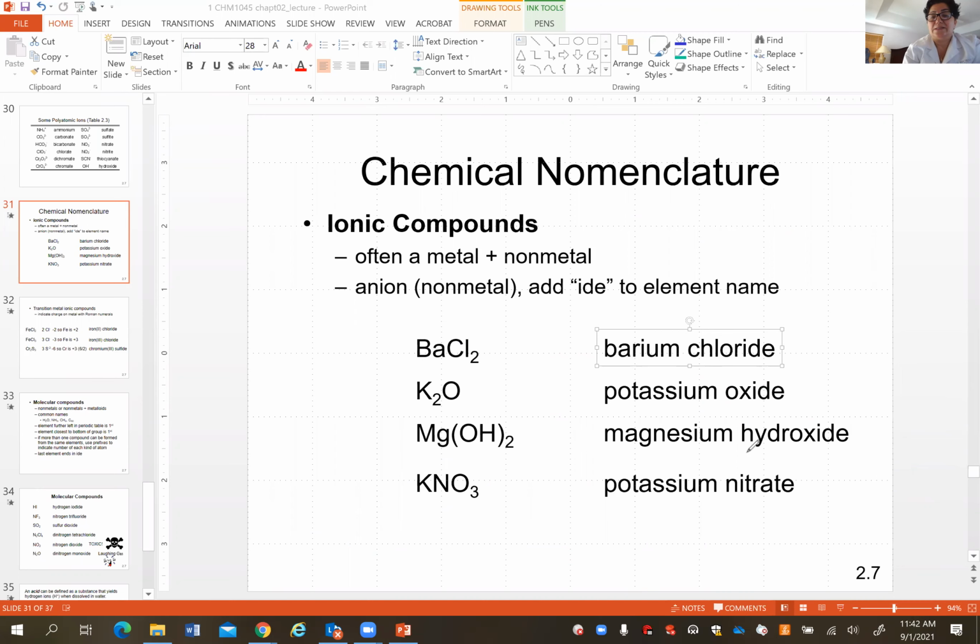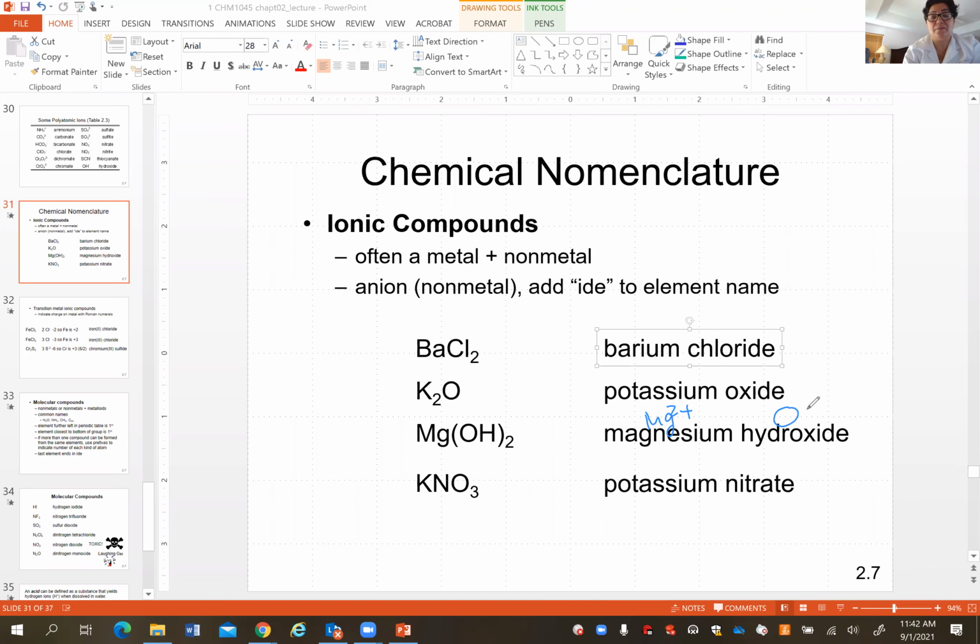Okay, magnesium hydroxide. For this one, we're looking for magnesium, Mg. What's the charge for magnesium? You might look at the periodic table or ask me which group magnesium is in. Magnesium is in group 2A, so the charge for magnesium is going to be 2+. What is the symbol for hydroxide?